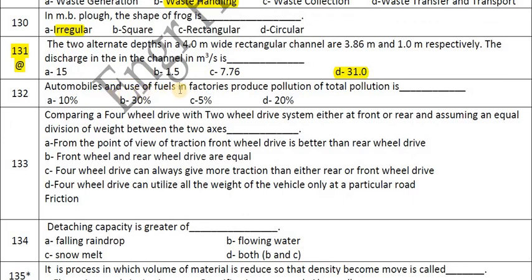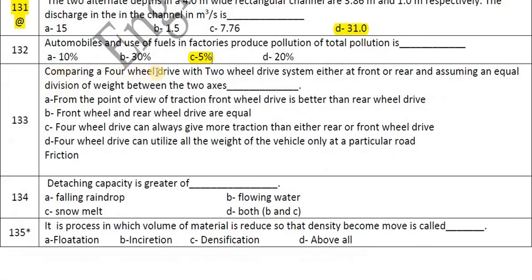Automobiles and use of fuels in factories produce pollution, of total pollution is 5%. Comparing a four-wheel drive with two-wheel drive system either at front or rear and assuming an equal division of weight between the two axles, four-wheel drive can always give more traction than either rear or front wheel drive.